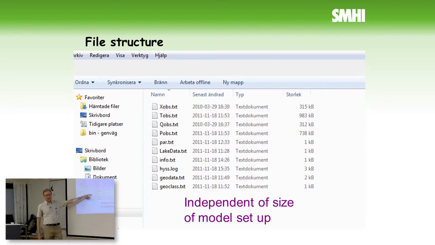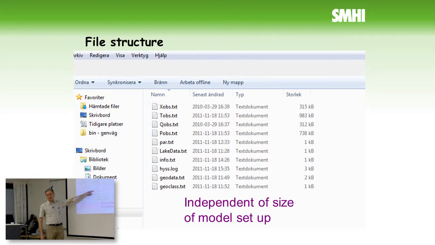You need an info file which instructs the model so that it knows what to do, what type of calculation you want to do. You need the geographical data. It tells you the size of each subbasin, how the subbasins are connected, how the subbasins are divided into the different soil and land use classes, etc. And you have to have a definition of these different soil and land use classes. For instance, the depth of each layer, the number of layers, and so on.